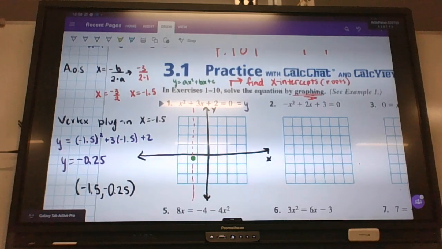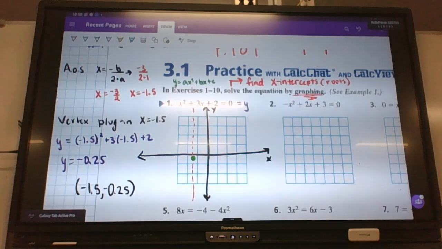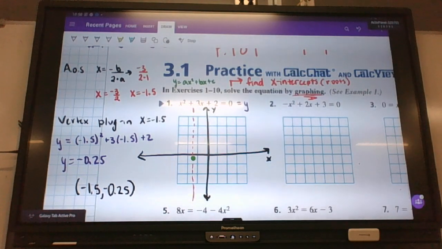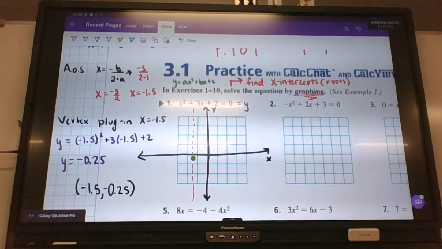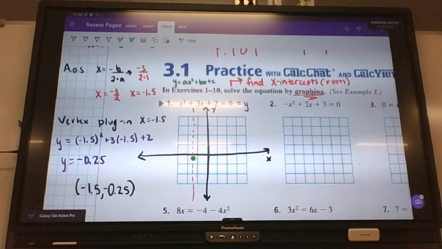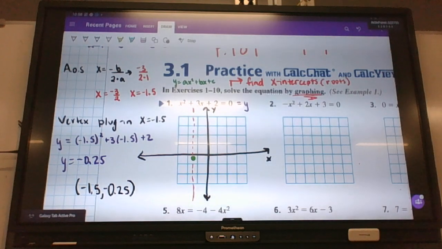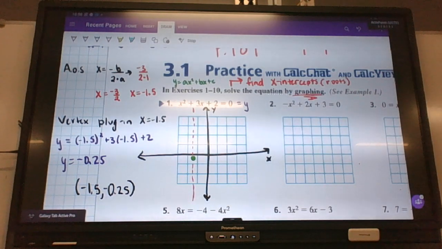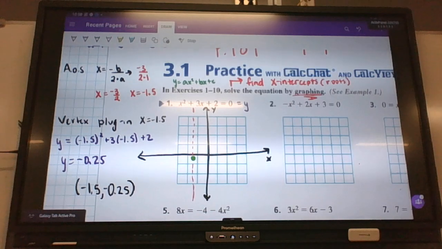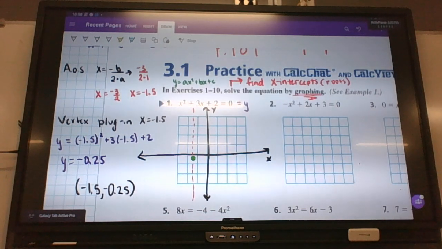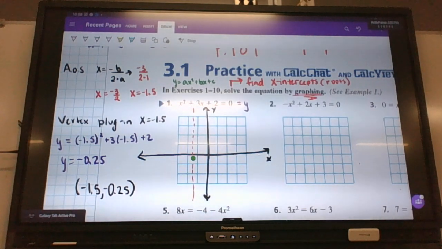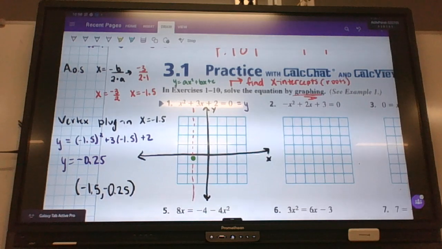So we got X, we got Y, we put our vertex in here. We're supposed to do 2 points less and 2 points more, so I'll go with -3, -2, -1, and 0. We'll plug those in, make a whole graph, and find the x-intercepts.